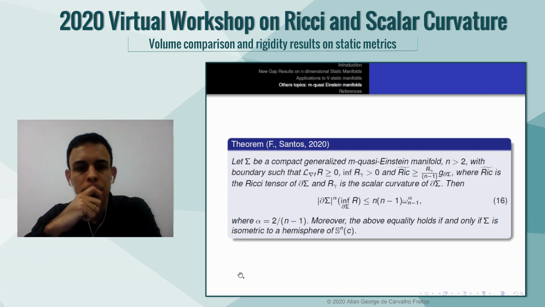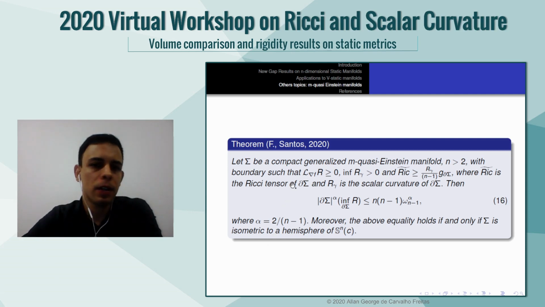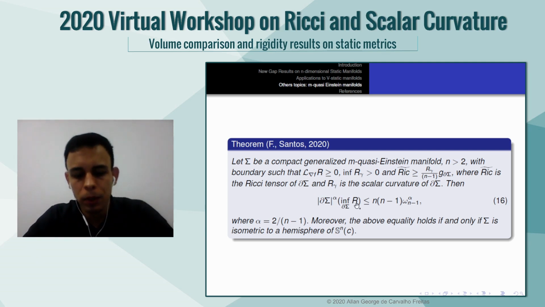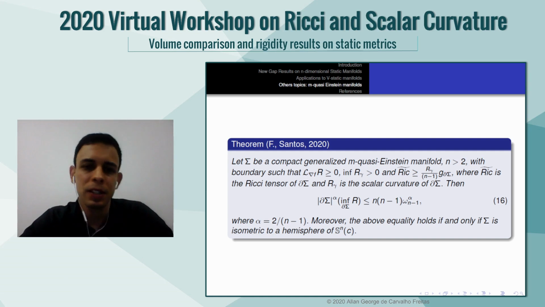Finally, we have this result that is a volume comparison for the boundary in a generalized m-quasi-Einstein manifold. Okay, it's like a theorem in the sense of Boucher-Gibbons-Horowitz, an upper bound also. Okay, but in this special case of generalized m-quasi-Einstein manifolds, and this happens for n dimension here.